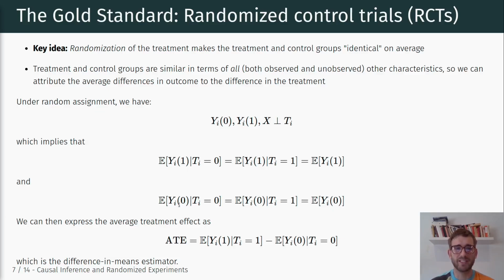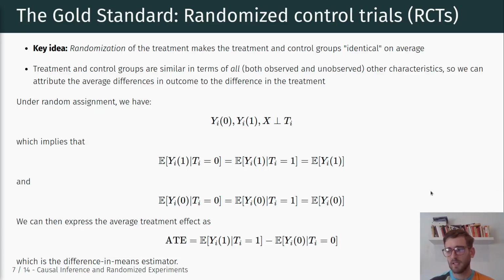So in other words, under random assignment, we can express the average treatment effect as the difference between the expectation of y1 conditional on being assigned to the treatment group minus the expectation of y0 conditional on being assigned to the control group. And that is just the difference in means estimator, essentially just computing the difference between all the outcomes that we observe in the control group and all the outcomes that we observe in the treatment group.